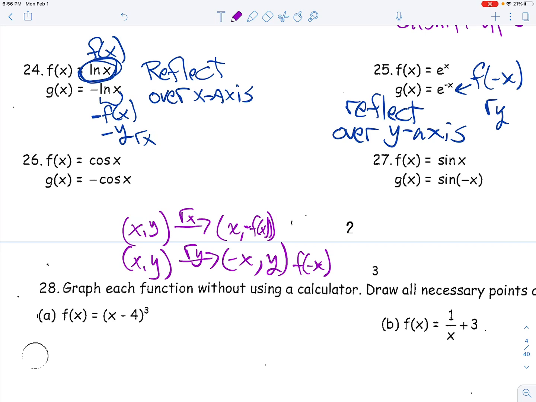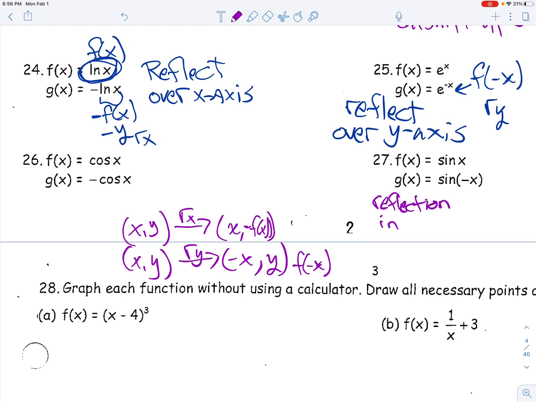We might see that moving forward, but for now we just have one x. So if you look at 27, that's just the x being negated and not the entire function, just the x.